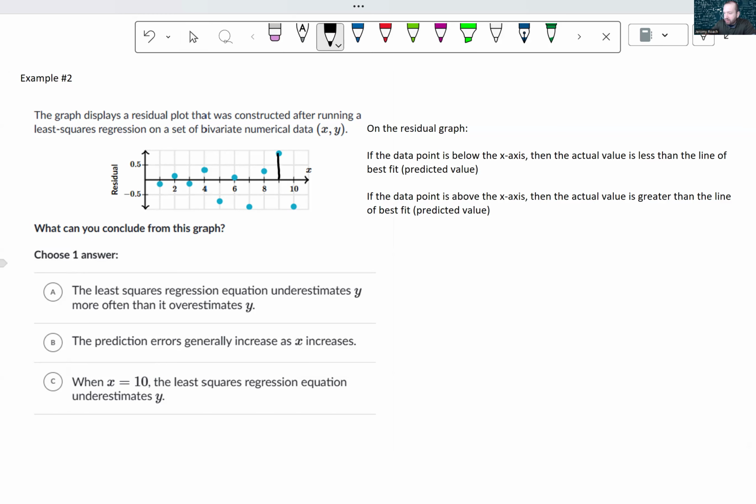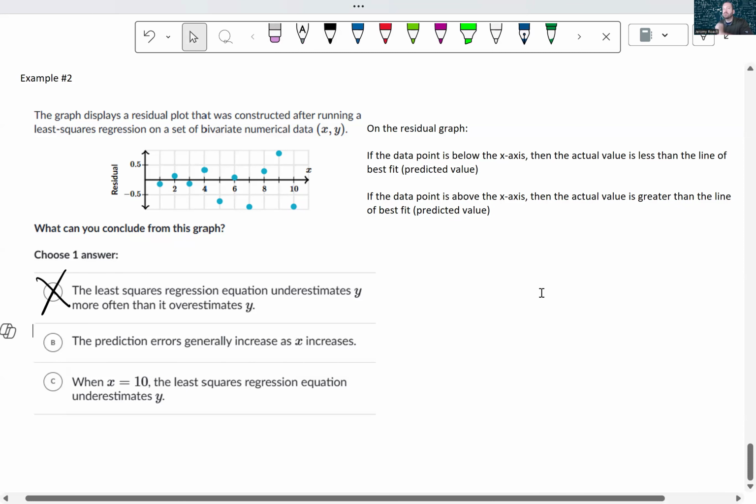We've got about plus 1 there, minus 1 there, plus 0.2 here, and this one is minus 0.2, that's maybe minus 0.6, but it's about balanced. It's not like all of the actual data is above the regression line or most of it is below. It's about balanced. So A is not correct. We wouldn't say that it's underestimating y more often than it overestimates y.